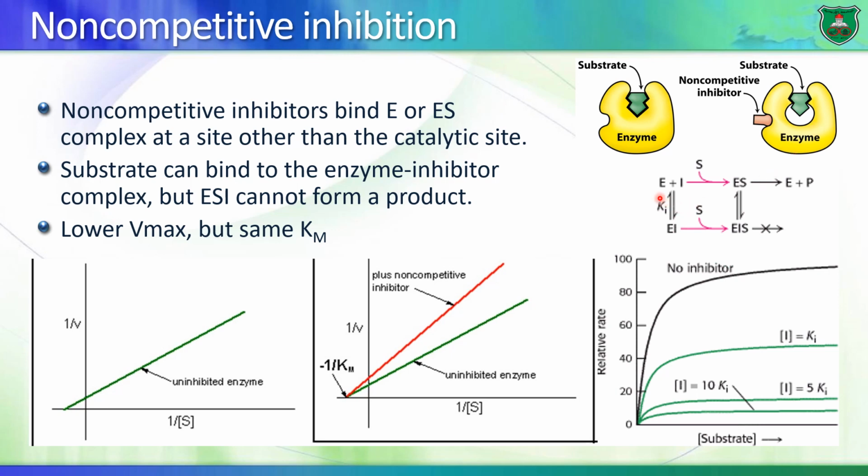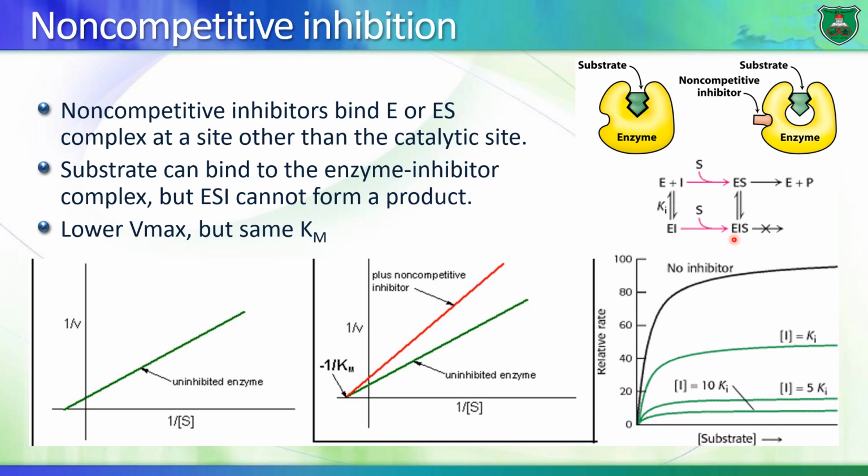Notice here you have enzyme plus substrate, which can form the enzyme-substrate complex. In the presence of inhibitor, you will have the formation of the enzyme-inhibitor complex. If you add a substrate, it can still bind to the complex, so you can have an enzyme-substrate-inhibitor complex, but you do not have production of products in the presence of the inhibitor.